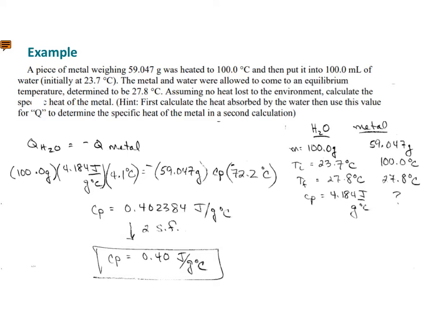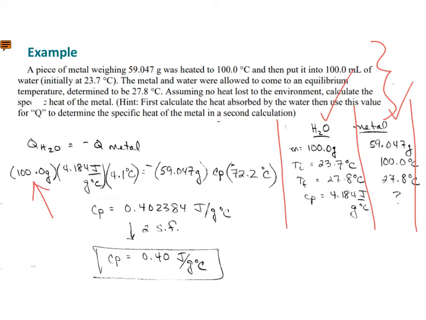I did change the parameters a bit because I copied and pasted one that was already available instead of making one up. But you basically remember that you need all the information in MCΔT for both the water, which constitutes the surroundings, and the metal. So plugging in the information we know, mass of the metal, that's water.